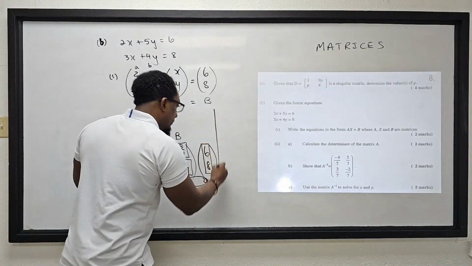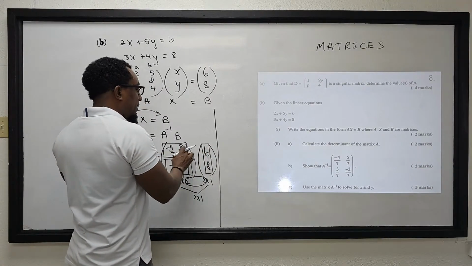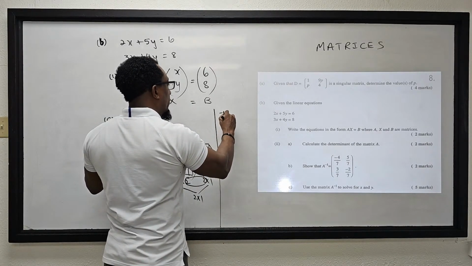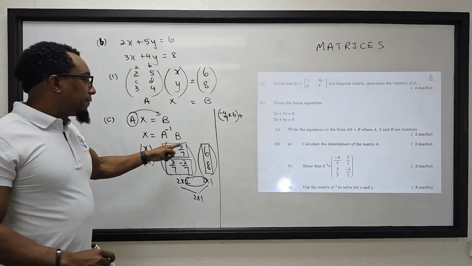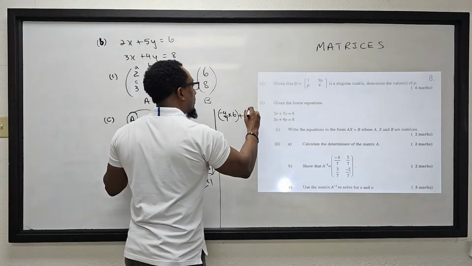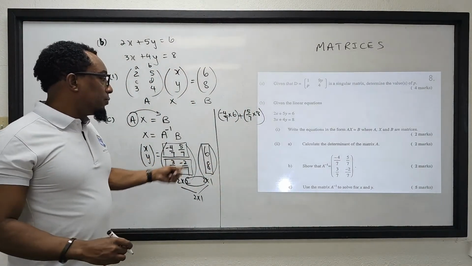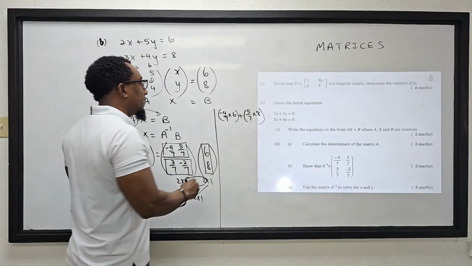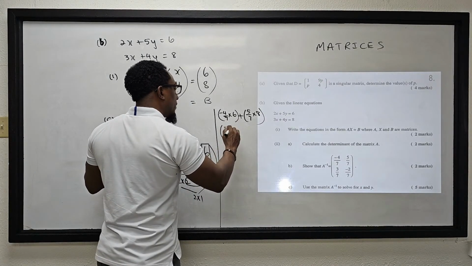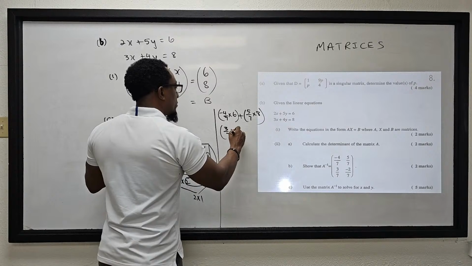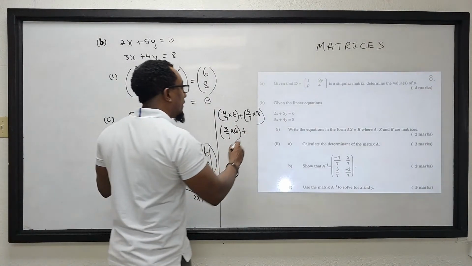This will be negative 4 over 7 times 6 plus 5 over 7 by 8. Then second row by my only column: 3 over 7 by 6 plus negative 2 over 7 by 8.